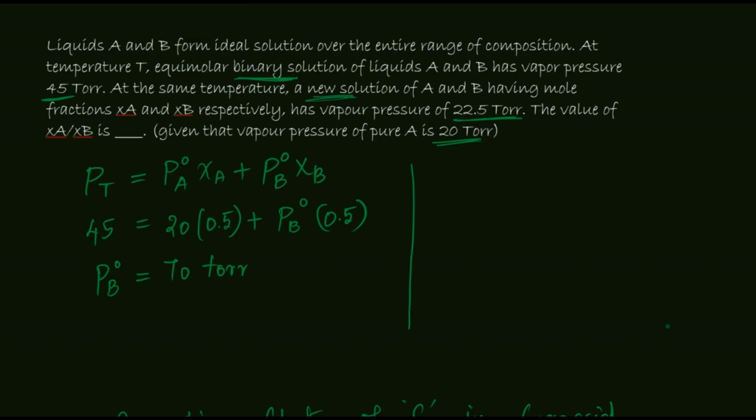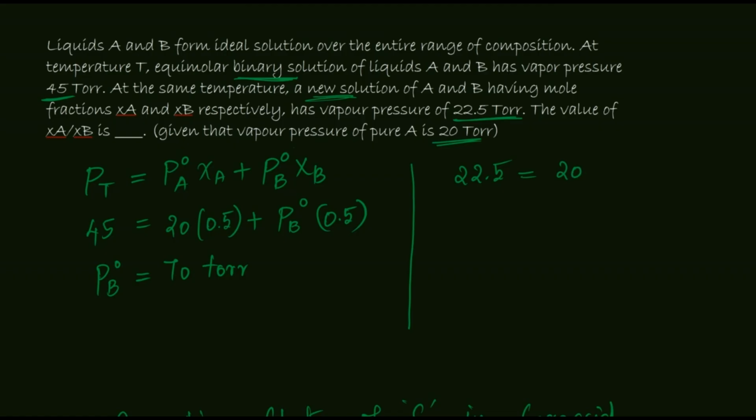Okay. So what is the second part? That is the new solution of A and B having mole fractions chi A and chi B. So here we are taking the same formula. I'm not going to repeat the formula, I'm just substituting the values. 22.5 torr is equal to, here I know the value of pure A, 20, and the mole fraction I don't know.